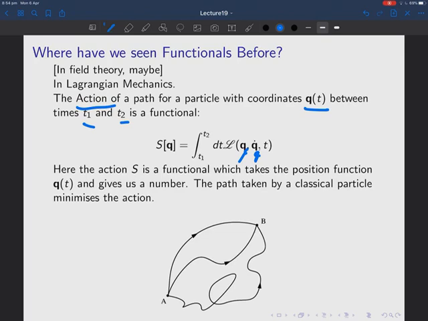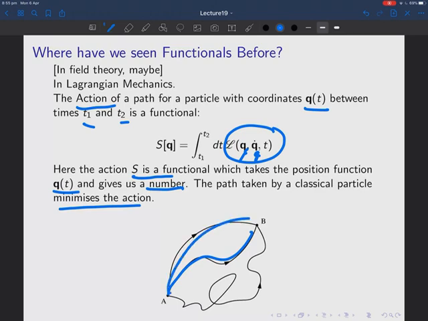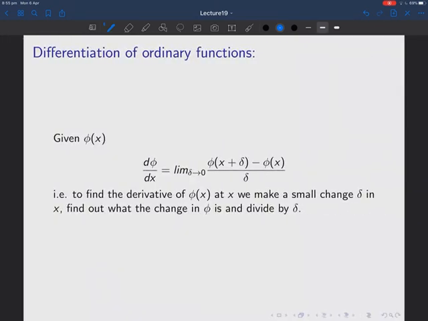The action is the integral from t1 to t2 of the Lagrangian dt. And S is a functional which takes the position function q of t and gives us a number. The path taken by a classical particle minimizes this action. There are different kinds of paths you can take, but the one that minimizes the action is the one it will take. So you might have met functionals in that context without actually calling them functionals.